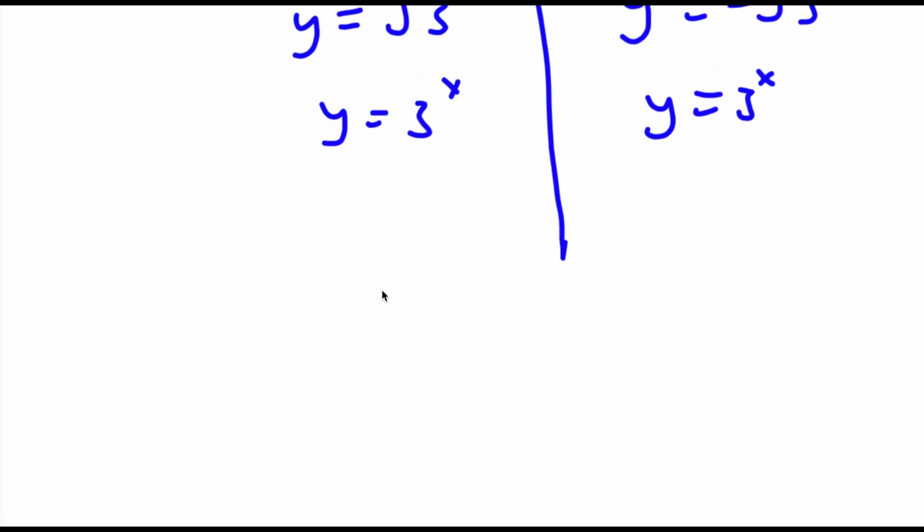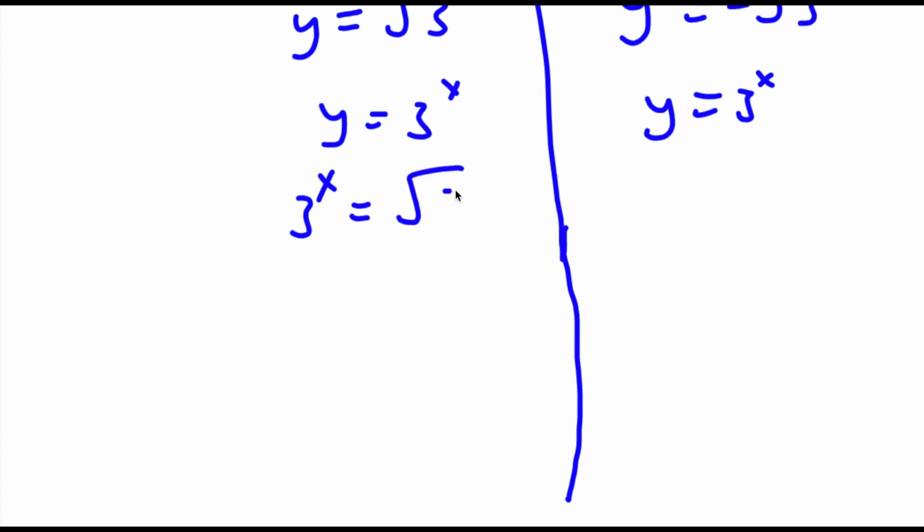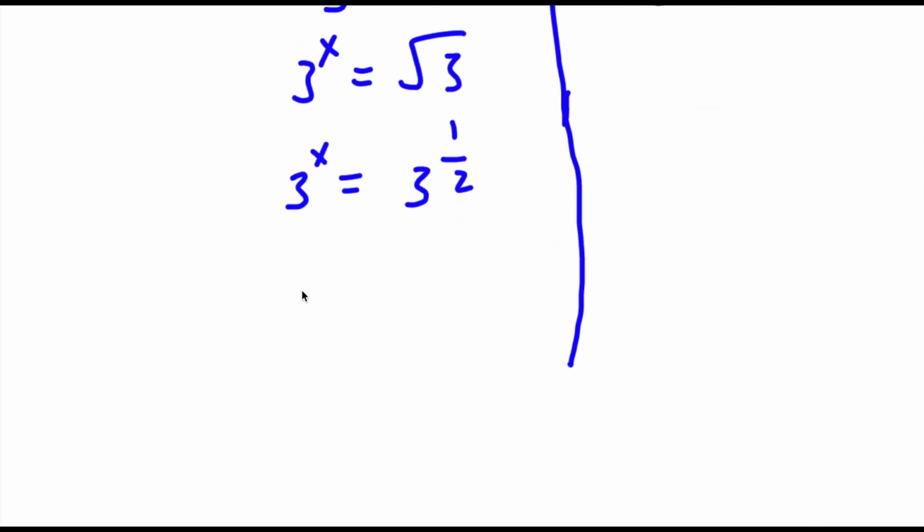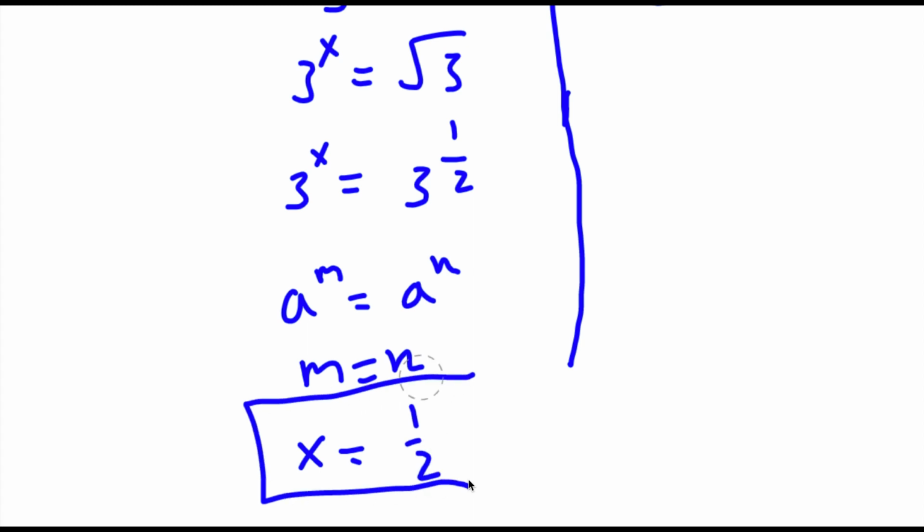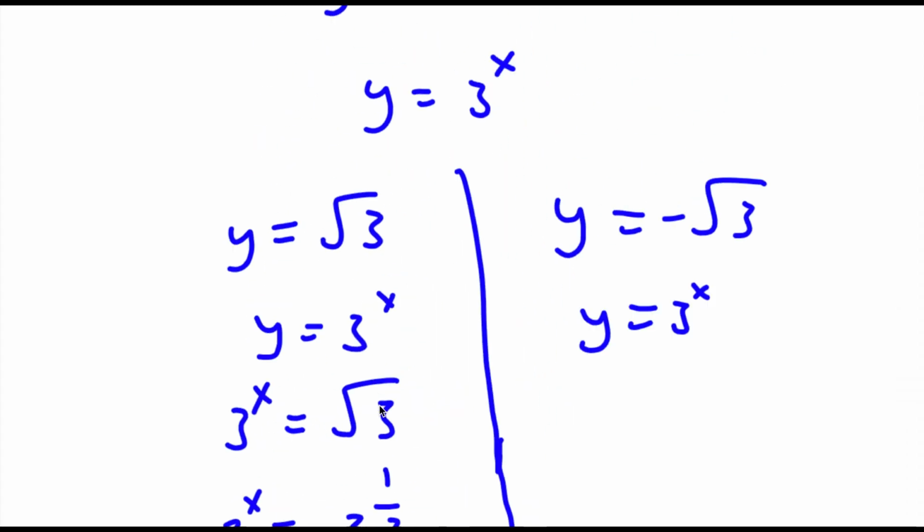So now I have 3 to the power of x is equal to the square root of 3. Now the square root of 3 is the same thing as 3 to the power of 1/2. And if I have something in the form a to the power of m is equal to a to the power of n, then this means that m is equal to n. So in this case, x is equal to 1/2. So this is one solution of x.